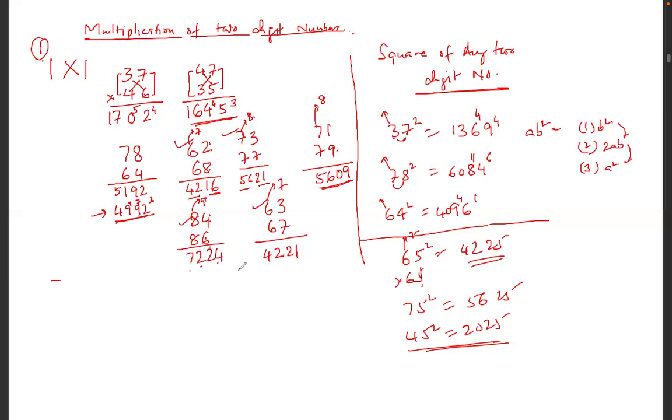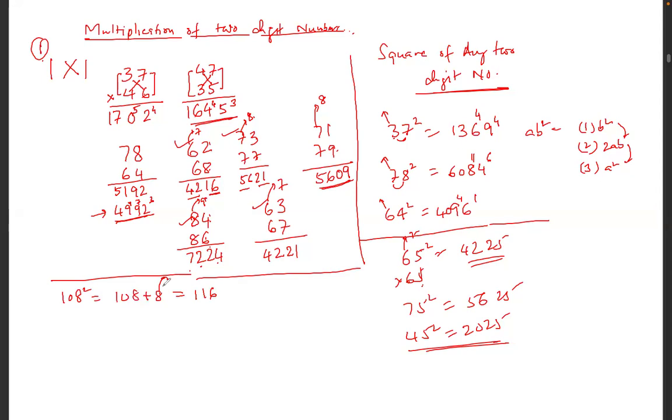Now, let's say you need to find the square of any number which is close to 100 but more than 100. For example, 108 square. What you can do? 108 plus the excess over 100. That's how much? 8. Now, this comes to 116.